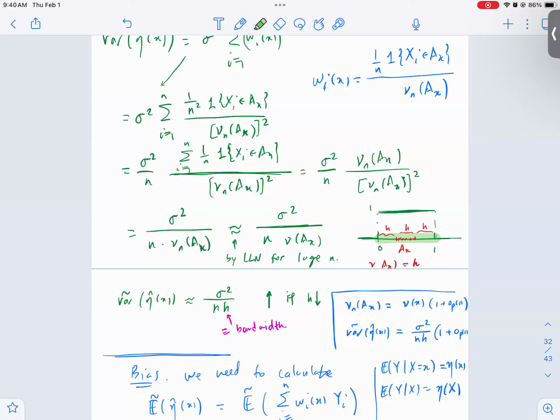So mu of A_X is going to be h, and this is a good approximation of the variance for large n. Here h plays the role of the bandwidth. It's not exactly the bandwidth, but it has the same interpretation as the bandwidth in kernel regression or k-nearest neighbor regression.